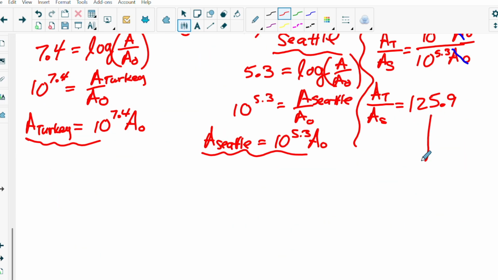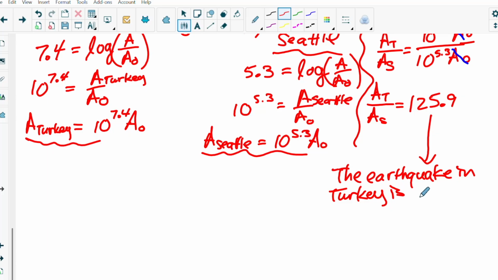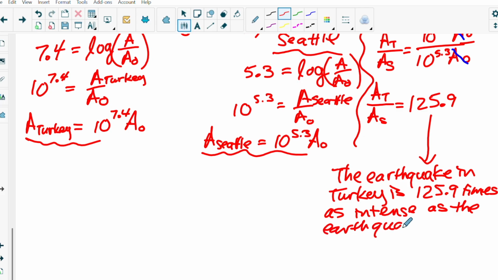So the earthquake in Turkey is 125.9 times as intense as the earthquake in Seattle.